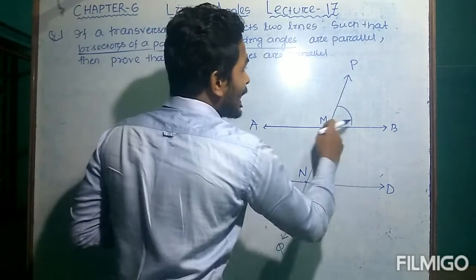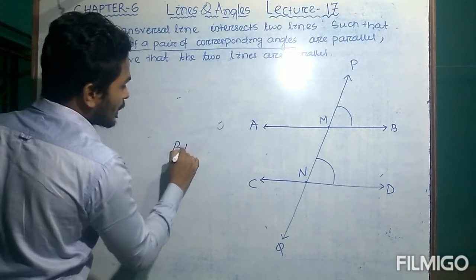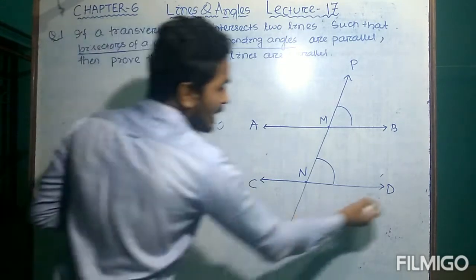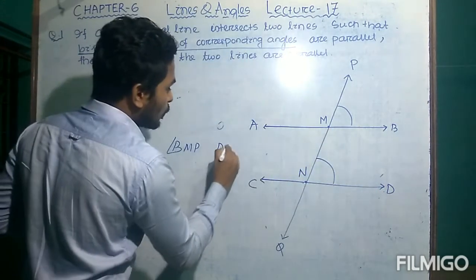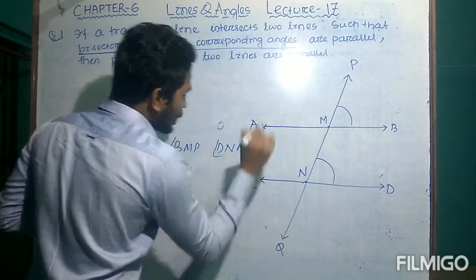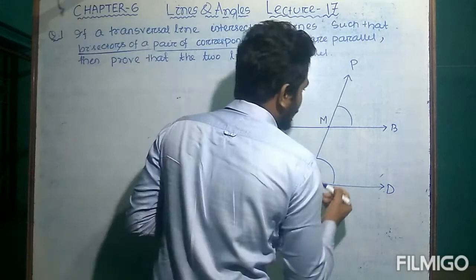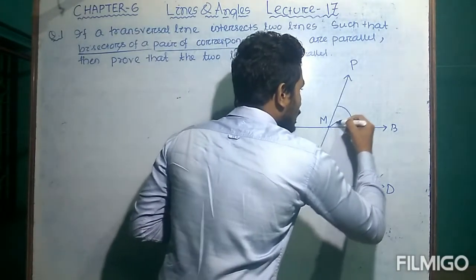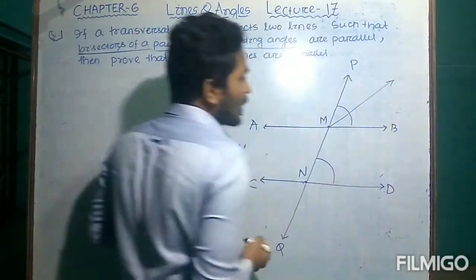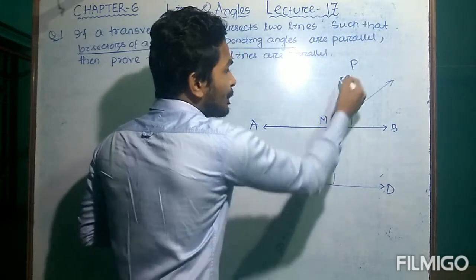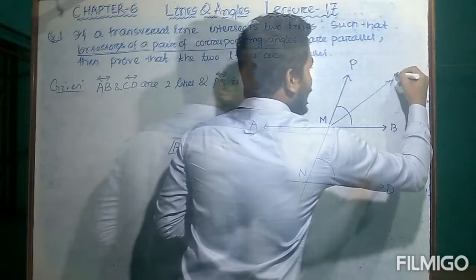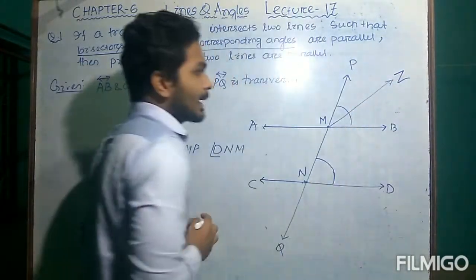Since the angle BMP and the angle DNM are corresponding angles, now let us find their angle bisector. Suppose this is the angle bisector of the angle BMP. Let the name of the angle bisector be MZ.